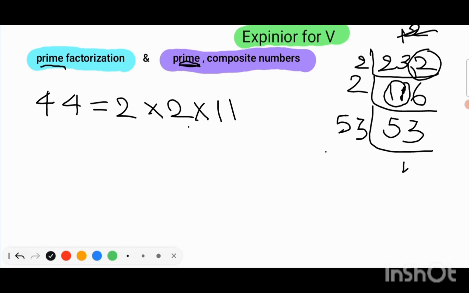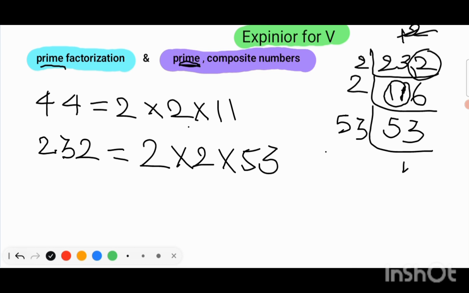So 232 is expressed as 2 into 2 into 53. 53 is also a prime number. So 232 is expressed as 2 into 2 into 53. Got my point?